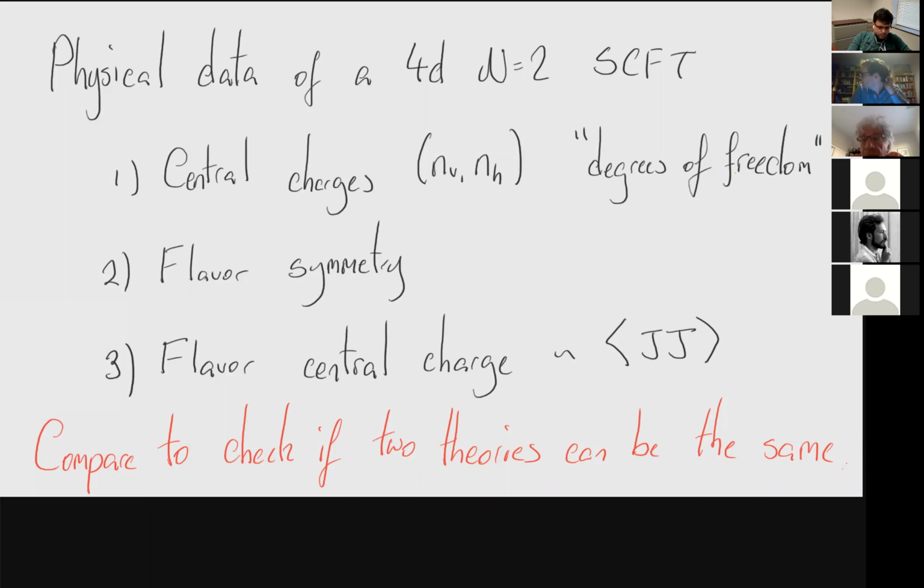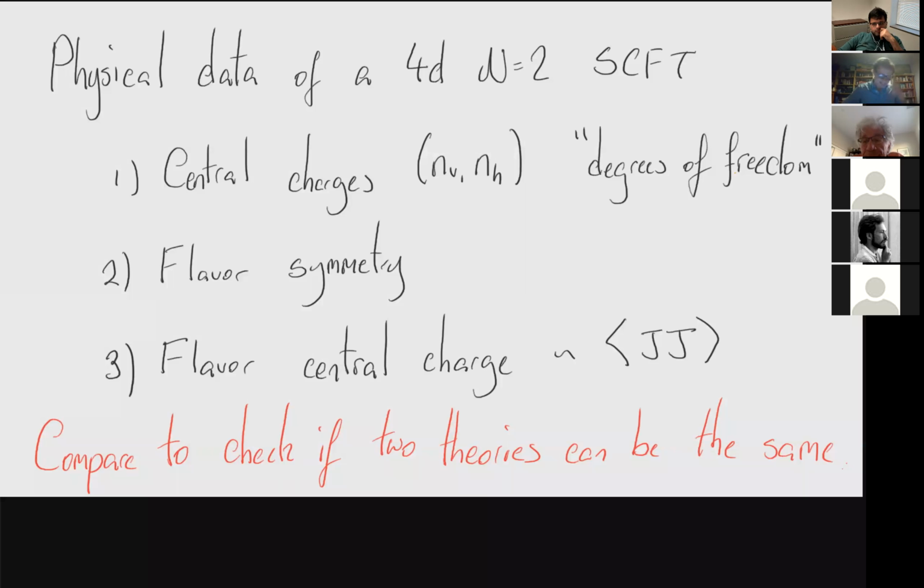So in the specific class of examples I will talk about today, I do not believe there is any theory that has all 3 of these being the same but are distinct theories. Well, what I'm asking is, how do you know?